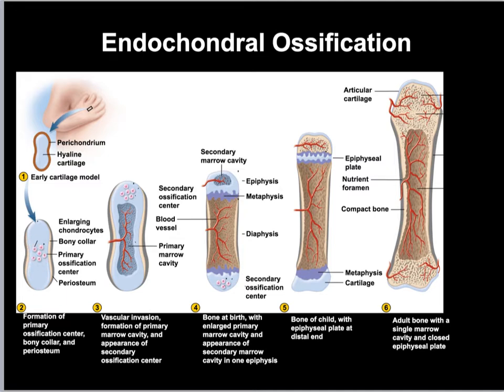While this happens, the chondrocytes inside the cartilage enlarge. They get bigger, and thus our pre-bone starts to elongate.